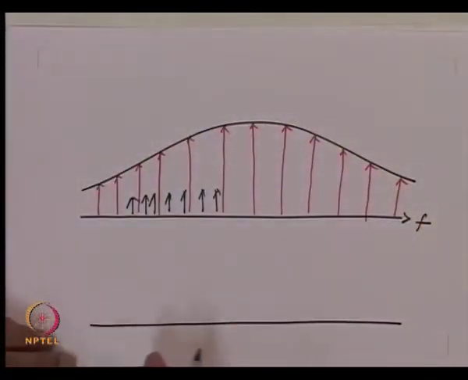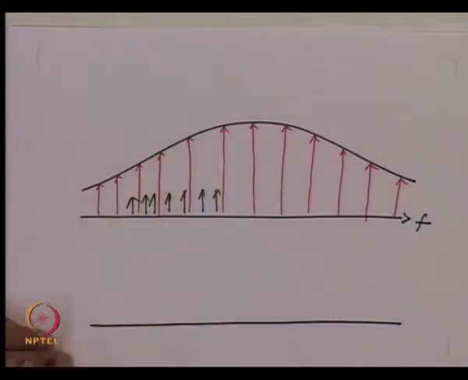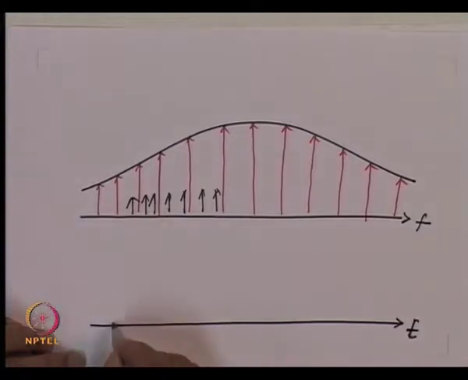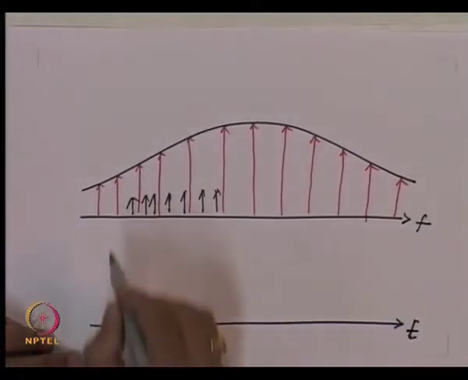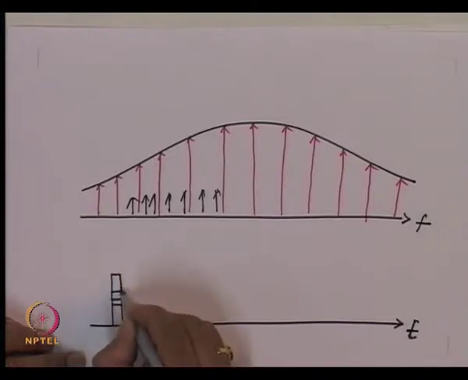So if I consider the frequency which is perpendicular to the plane of the paper, and time is the thing which is like this, then at the launching point, the pulse corresponding to this would have an amplitude which is like this, corresponding to this will be a little more than this, corresponding to this will be a little more than that, and this will be maximum, like that.